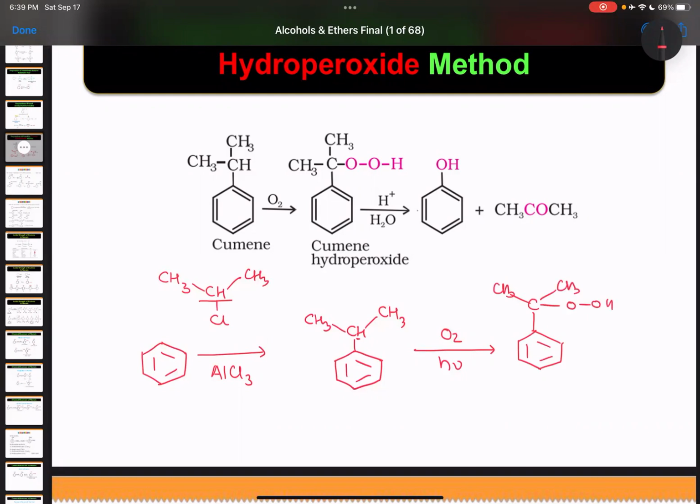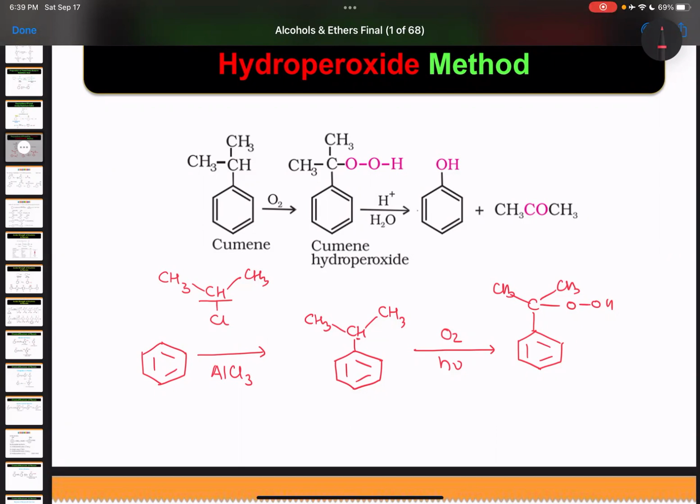What is the name of this compound? This is cumene hydroperoxide, because on one side you have cumene, which is isopropyl benzene, and on the other side you have OOH. So cumene hydroperoxide, right?